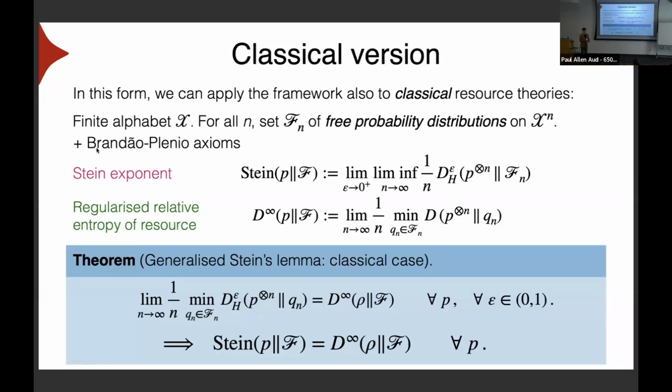But proving that epsilon doesn't play a role is precisely the whole point, and it's surprisingly difficult. We just have to prove that this function is constant in epsilon. It's very difficult for some reason. But if you take the limit epsilon going to 0 formally, you get the Stein's lemma as I formulated it before.